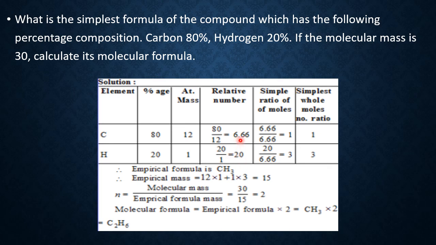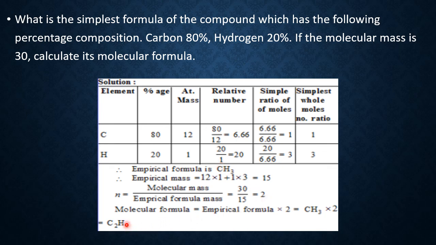So C1H3 is the empirical formula. Then the mass: 1 C is 12, 3 hydrogen is 3, totally 15. So n equals molecular mass by empirical mass, same formula, equal to 2. So put the value n equals 2, we will get C2H6. It is nothing but ethane, which we learnt in the 10th class.